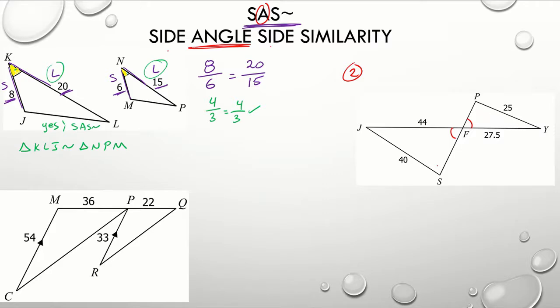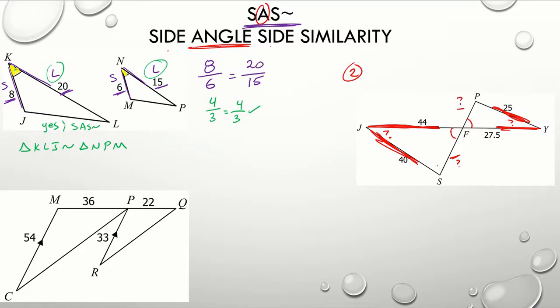Now, the second thing is, remember, if we're trying to use side-angle-side, this angle has to be between the two sides, correct? So notice how this side was given to me and this side was given to me. I do not know that angle. And even worse, I don't know this side and I don't know this side, right?